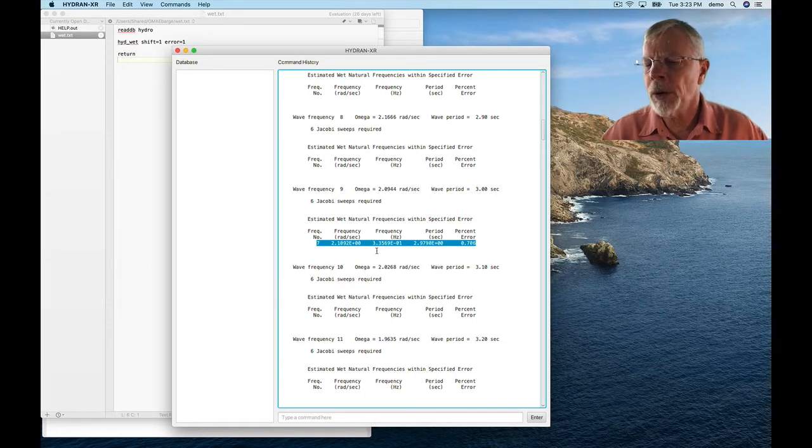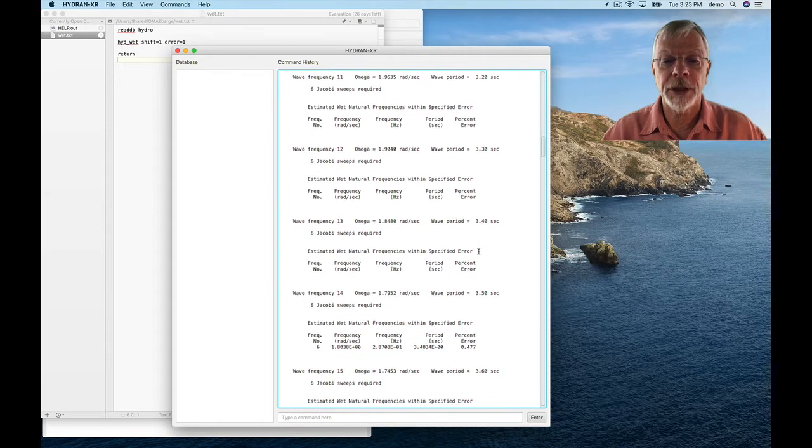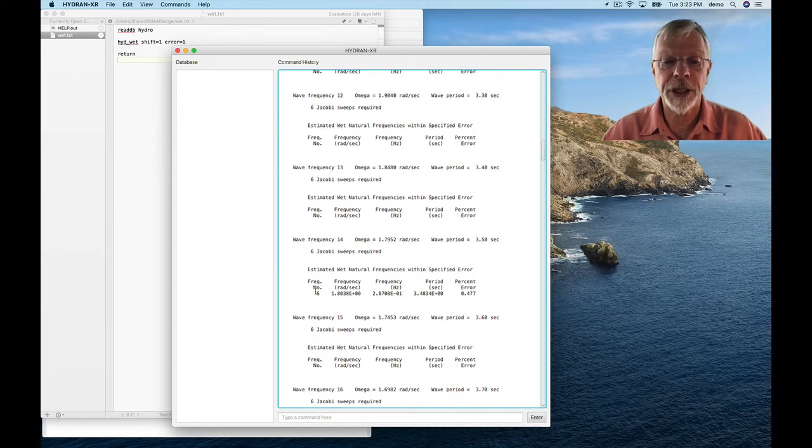To figure out what the mode is, one would have to look at the mode shapes that are calculated. And we go down, and we find another one here. This frequency number, by the way, just means it's the frequency number that's calculated for that eigenvalue problem.